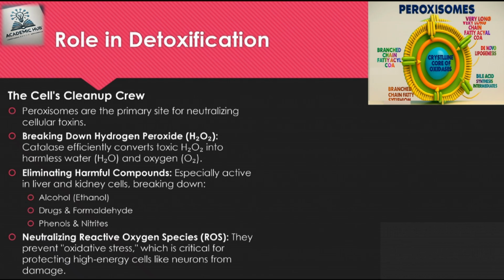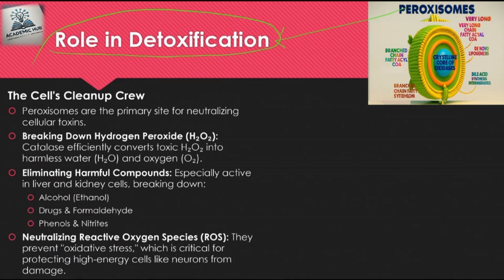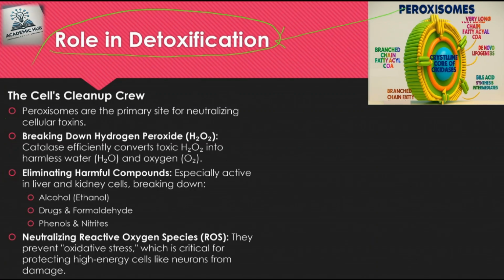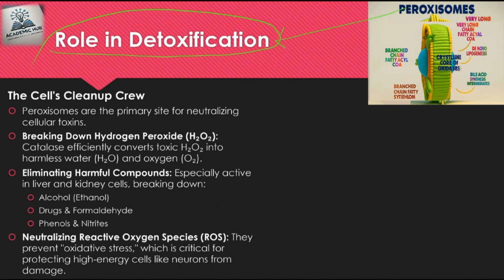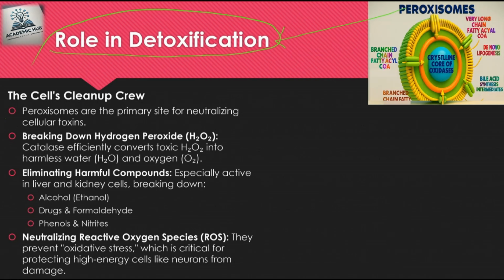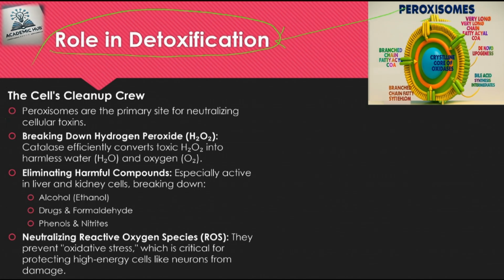Next is the role of peroxisomes in detoxification, how they detoxify the byproducts made during metabolic processes, in which we will look at the breaking down of hydrogen peroxide.